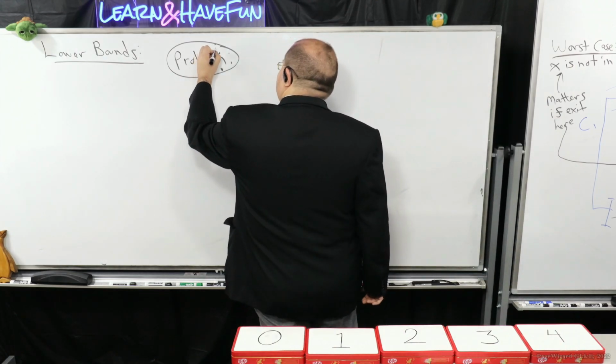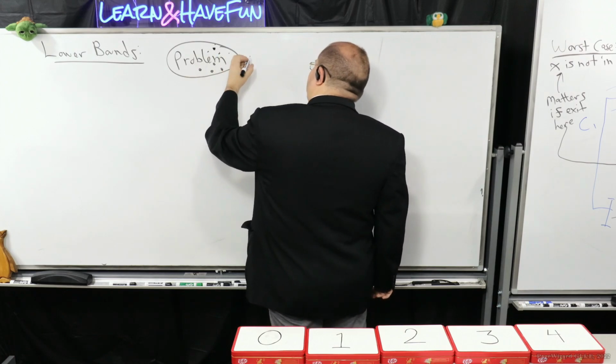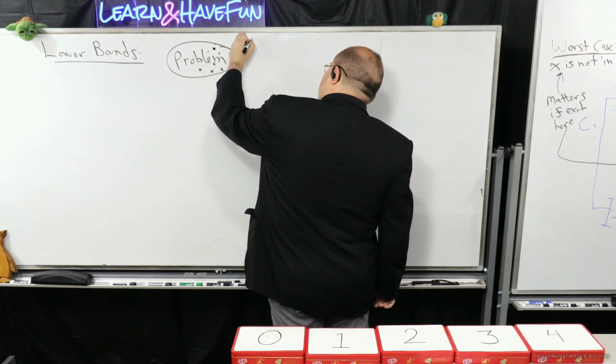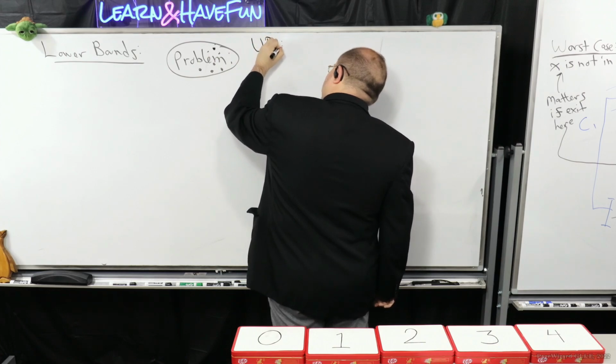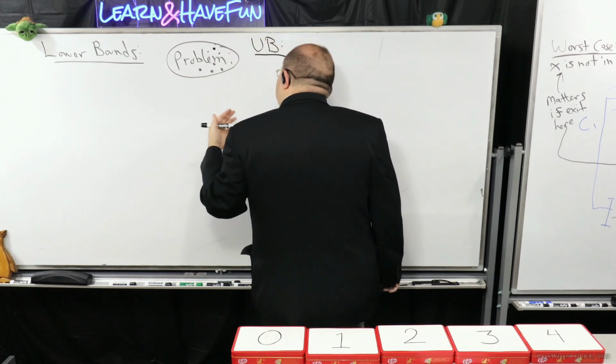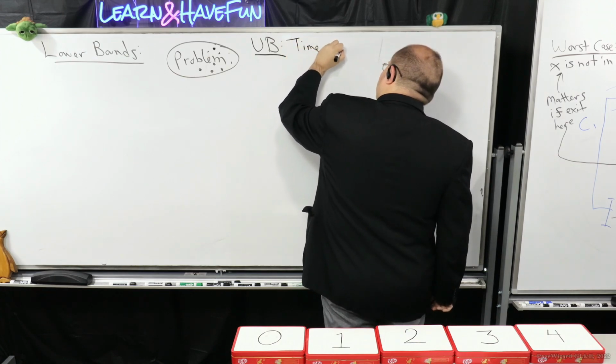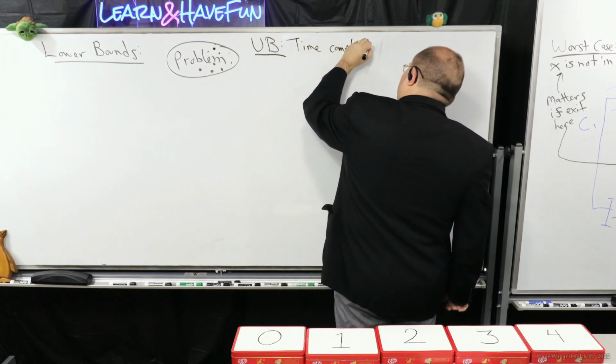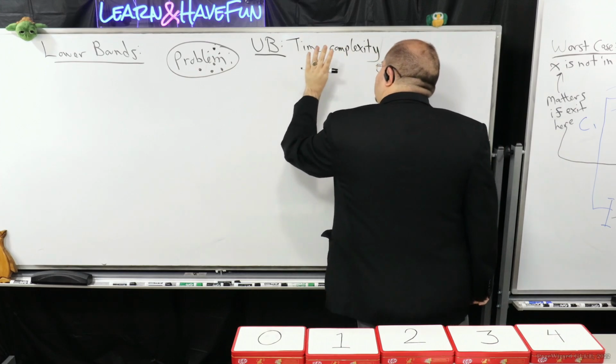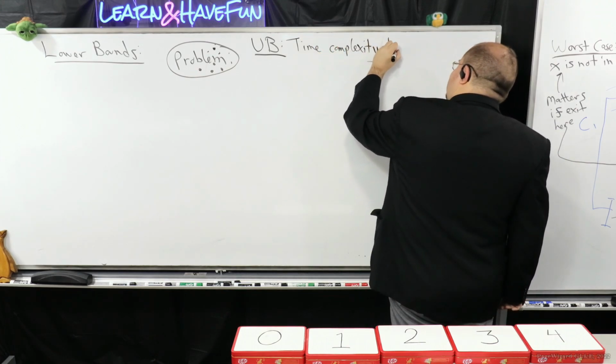So I must stress that we have two concepts. We have the idea of an algorithmic upper bound. So an upper bound would be the time complexity, or whatever complexity you're curious about. In our case, usually think of it as the worst case time complexity. So the time complexity best known to solve the problem.